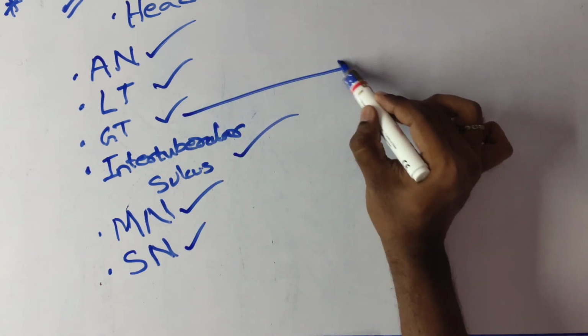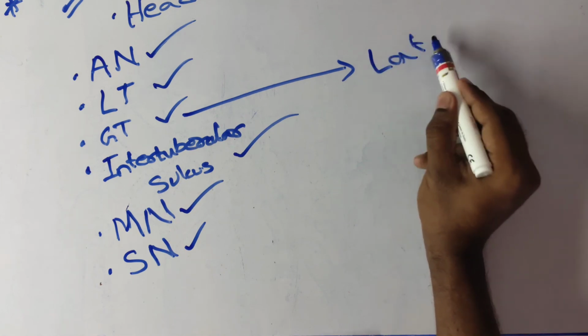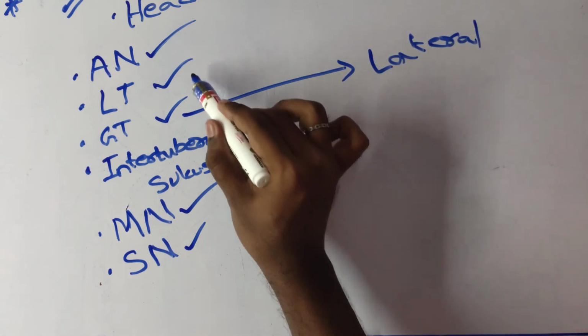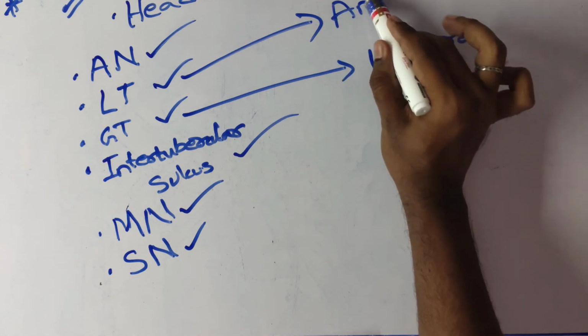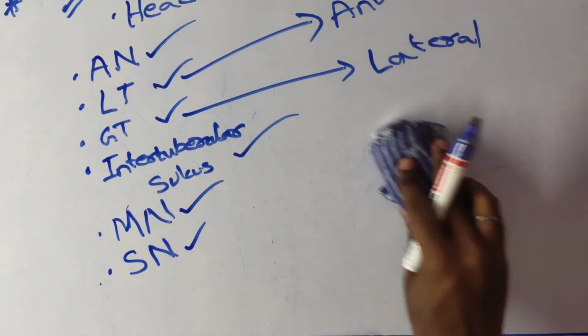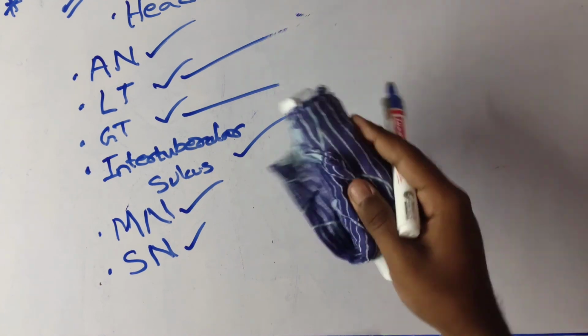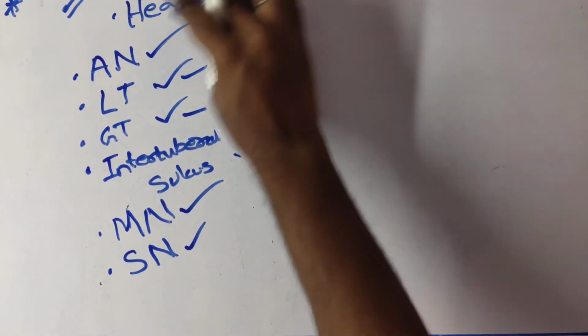This greater tubercle is placed laterally. This lesser tubercle is placed in the anterior region. This is the upper end. This is very important for a 5 marks question. I hope you all understood.